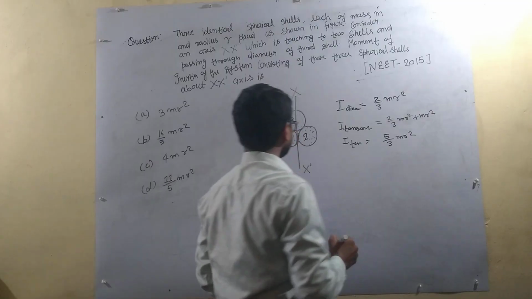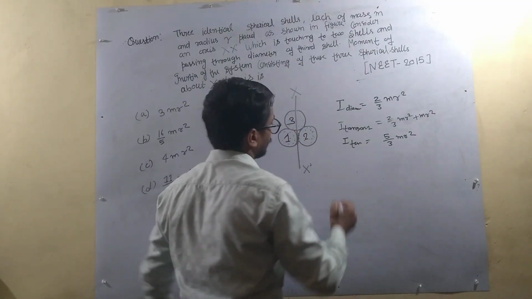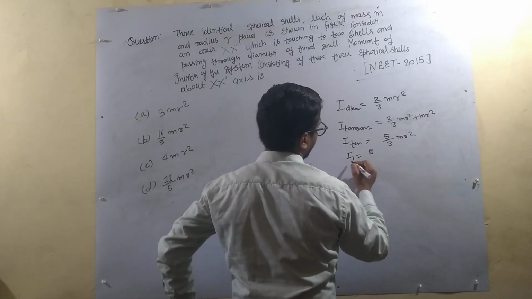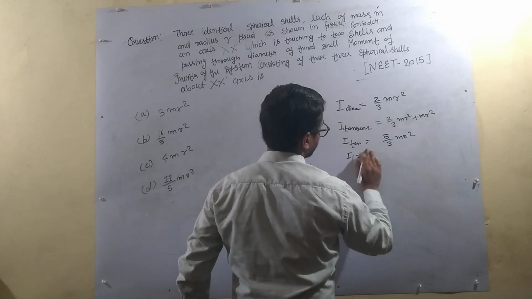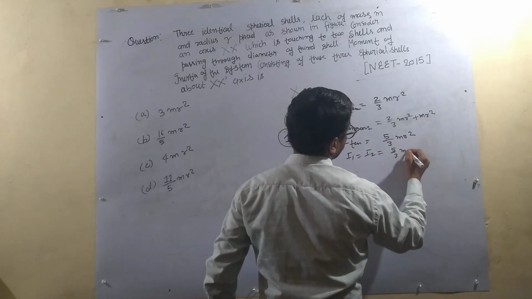Since all spherical cells are identical, I1 is equal to I2 is equal to 5 by 3 mr square.